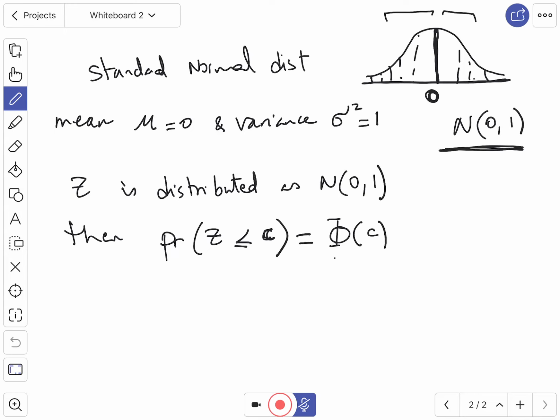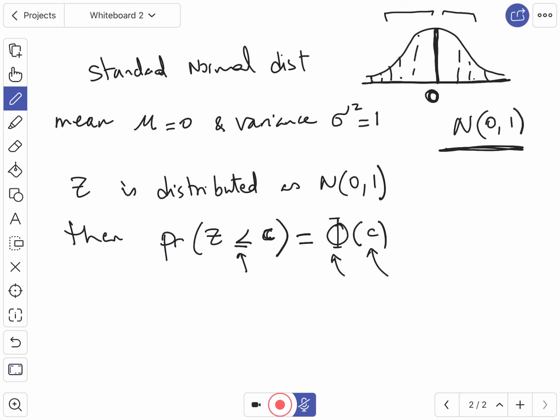So whenever you see this notation, I want you to think of it in your mind as less than or equal. It is basically the cumulative distribution of all the points that are less than point c.